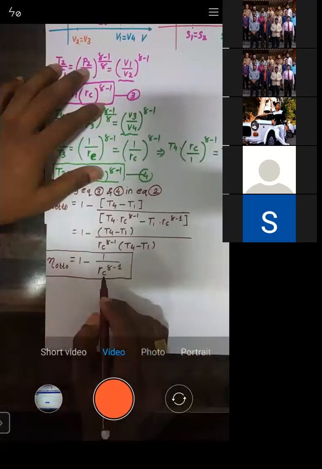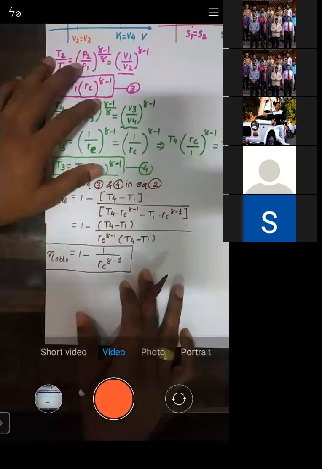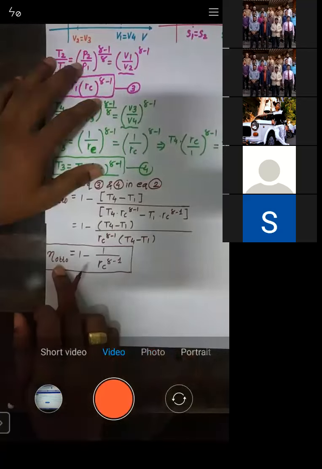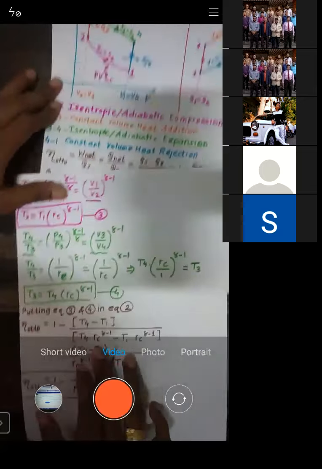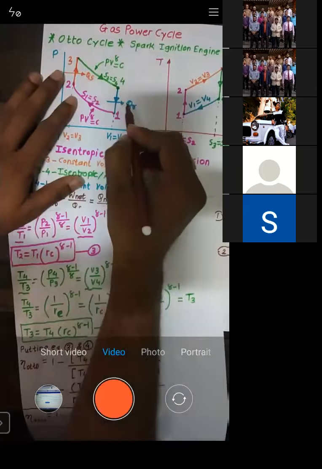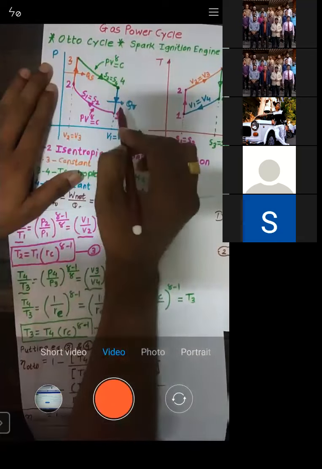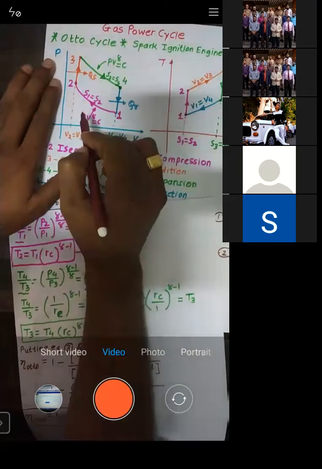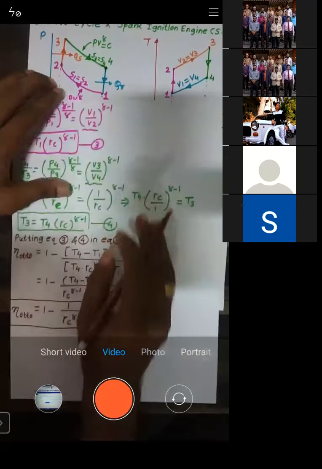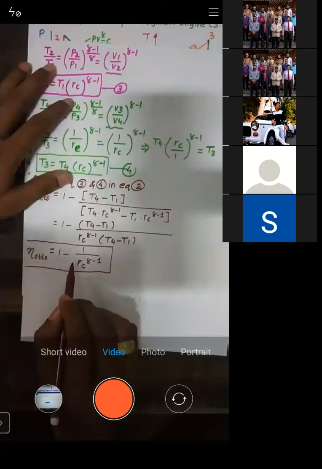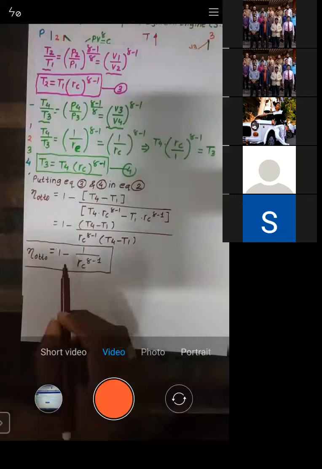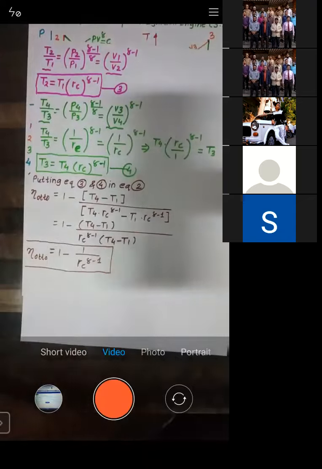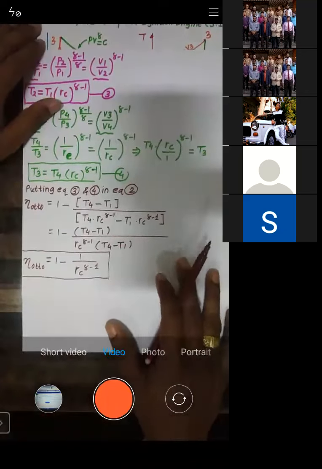Efficiency of Otto cycle only depends upon compression ratio. It does not depend upon how much heat you have supplied, how much heat is rejected, or the temperatures T1, T2, T3, T4. It only depends upon compression ratio. So if you know the compression ratio, then you can use this formula directly to get the efficiency of Otto cycle. Is that okay, all of you?